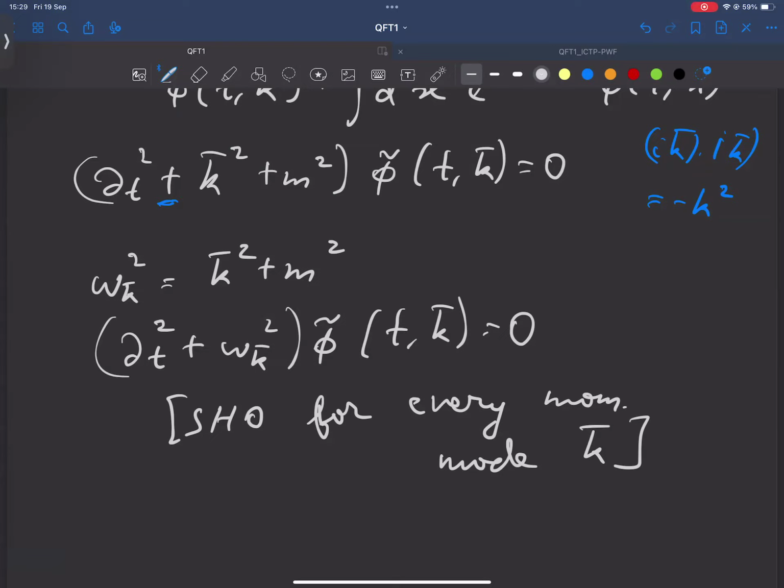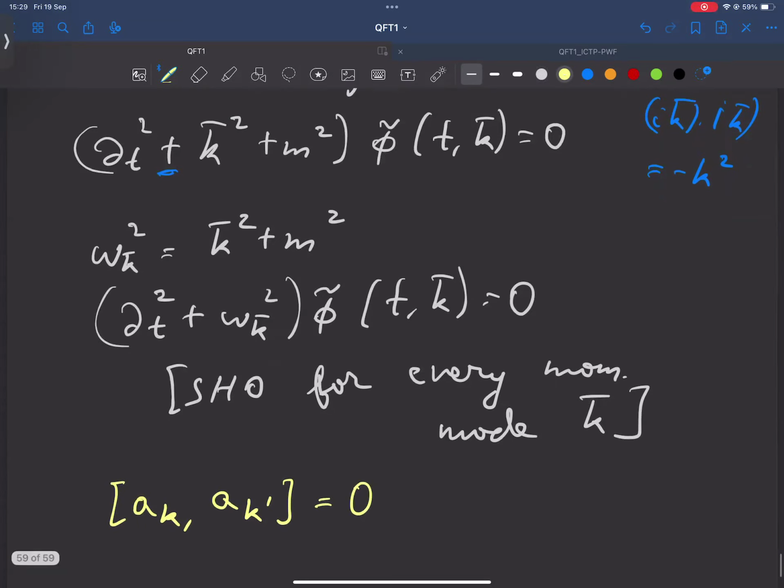When we quantize this, you will see that if you have different momentum modes, for instance, if a is the annihilation operator, then these commutators will be 0.